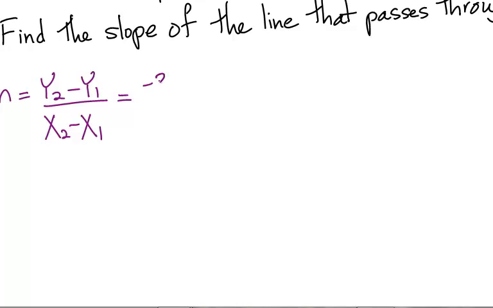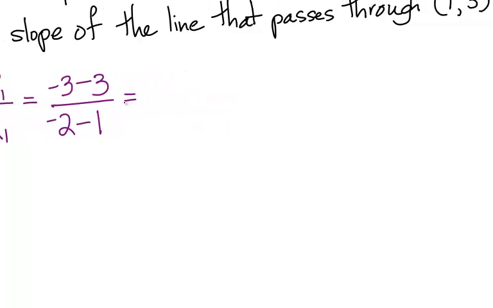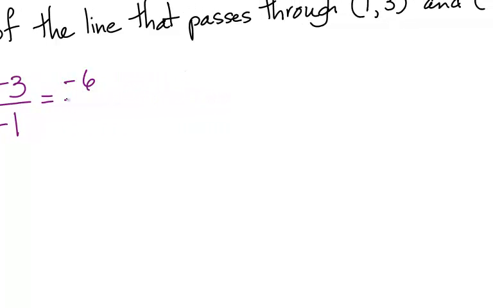So my y sub 2 would be -3, minus, my y sub 1 would be 3, my x sub 2 would be negative 2 minus, and my x sub 1 would be 1. Okay, so negative 3 minus 3, negative 6, negative 2 minus 1, negative 3, and negative divided by negative, positive. So that's one way to do it, by the formula.